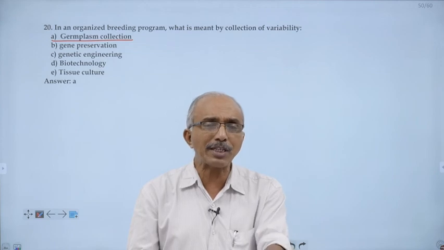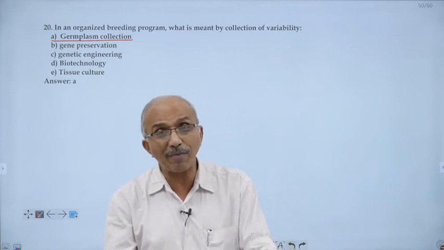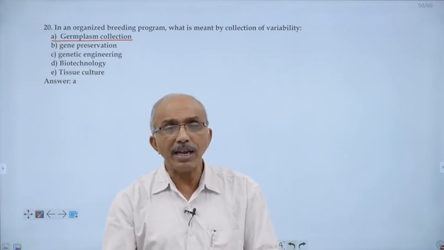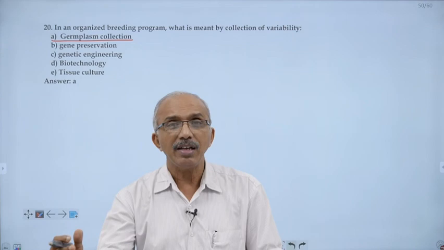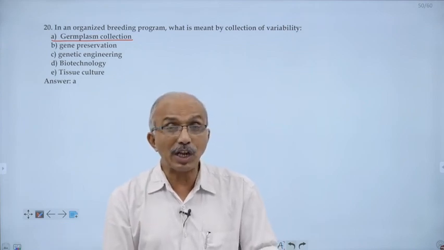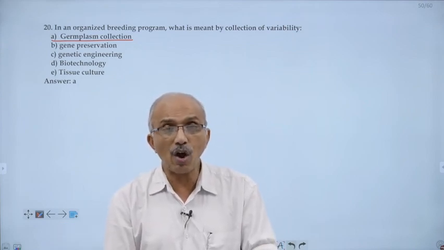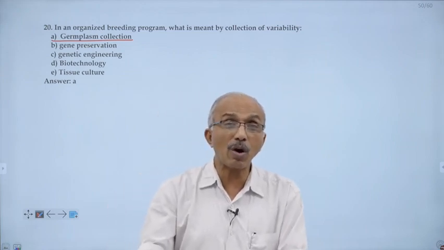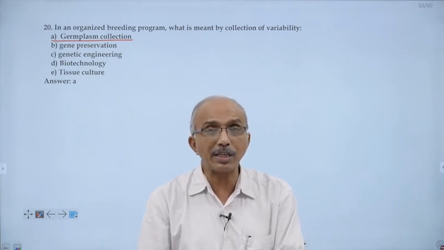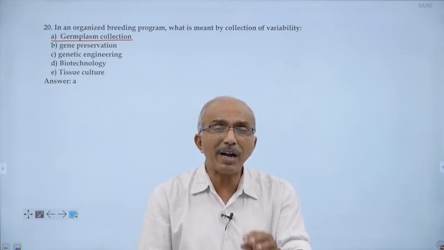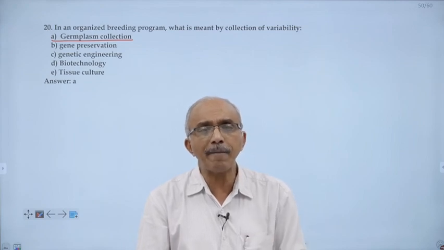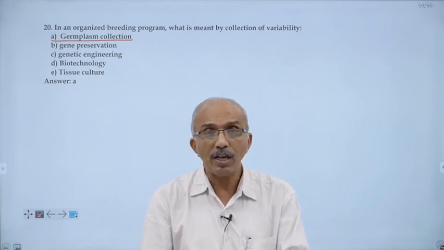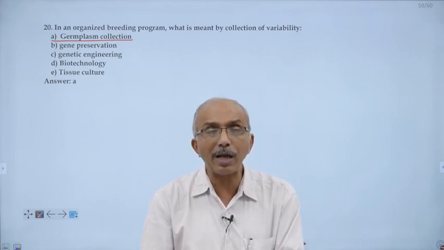For what purpose is it done? The germplasm is collected in the form of seed, in the form of plant, or in any other material. Collection of all the varieties of a particular crop is called germplasm collection. So it should be done. The primary thing in a plant breeding program is germplasm collection.